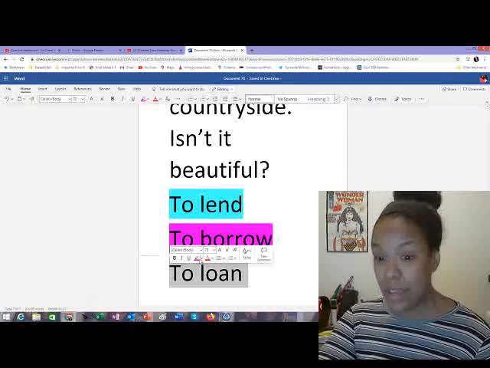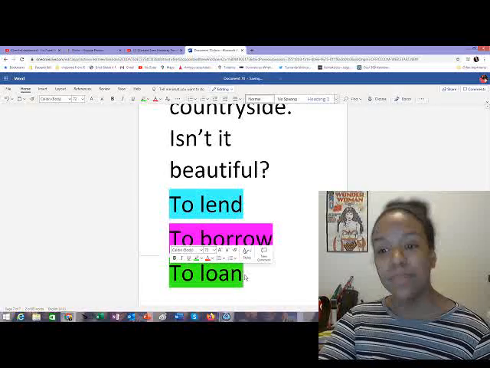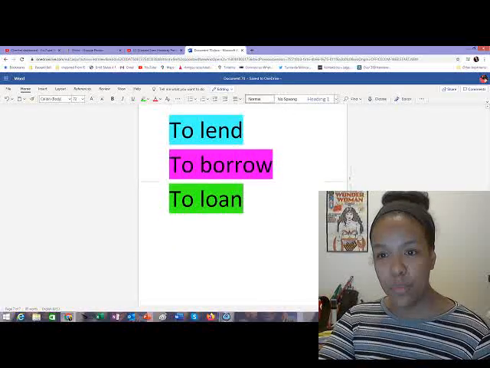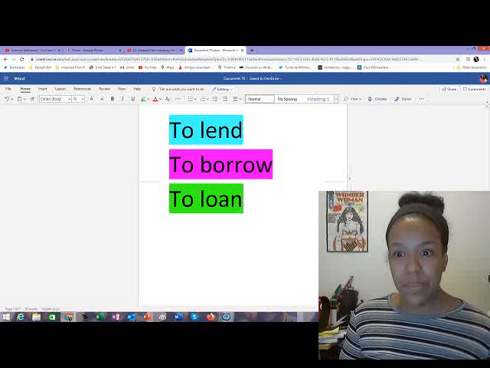I'm sure that you have seen this before somewhere. These 3 verbs, and I'm sure that sometimes you might be a little confused.